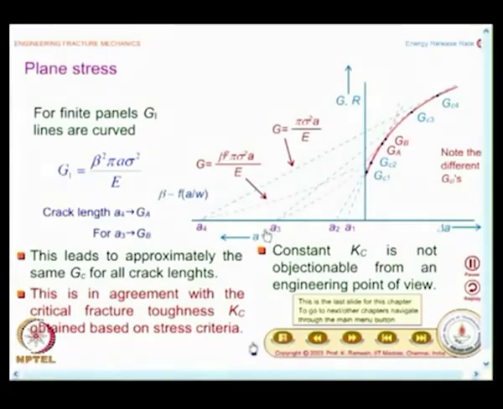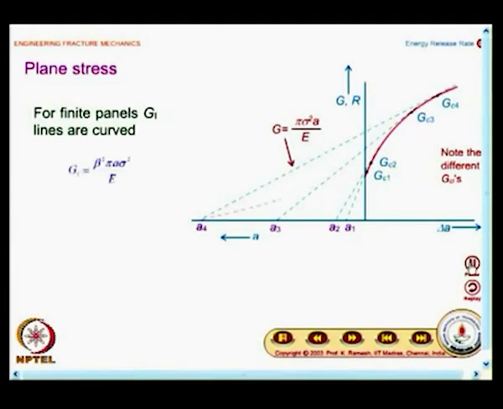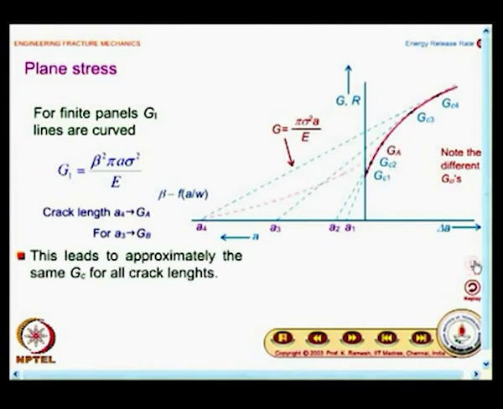But for that particular panel, if we have several crack lengths, the failure also should be dictated by one critical value of K or one critical value of G, that is what is attempted here. So, the energy release rate also has to be a nonlinear function. I think I would redo this animation, so that you will be able to appreciate how the graphs have been drawn. Now, you have the line drawn for the crack a4, you have a nonlinear curve which is touching this at this point.